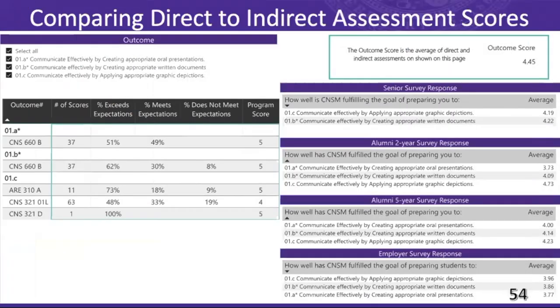Here's another example. This comes from an engineering program. This is an example from multiple choice questions that are happening across multiple courses. This identifies how many different students are within the categories that they have defined. Looking at this particular outcome, which is communicating effectively, oral, written, presentations, they also want to see what the students say about themselves in the student senior survey, and then what alumni say when they look back upon their training in communication.